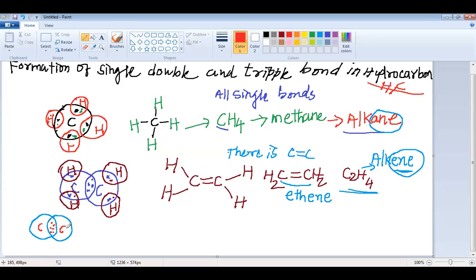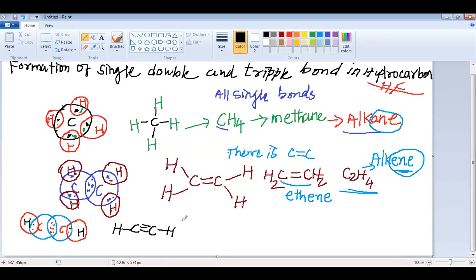Now each carbon has given its 3 electrons. 1 electron is still left with the carbon. This electron of carbon is shared with the electron of hydrogen to make a single bond. So this is how, my dear students, you can see that C triple bond C is being formed, and then a single bond with hydrogen is also being formed.